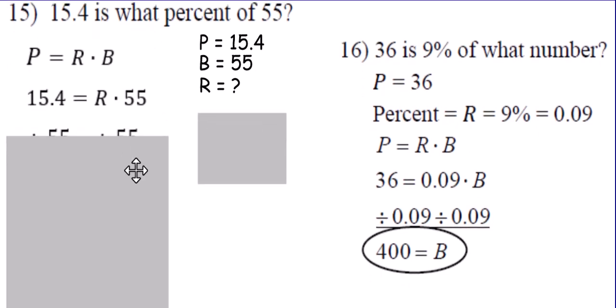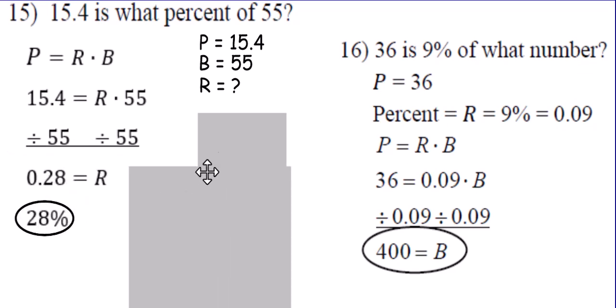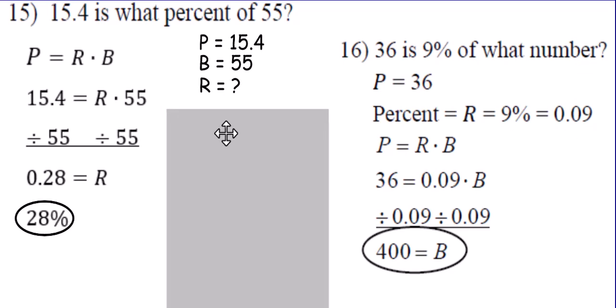Divide both sides by 55. 15.4 divided by 55, make sure you're working top down when you divide. So top number divided by bottom number, it's a good reminder for us. 15.4 divided by 55 is going to get us 0.28, and move that decimal point to the right 2 places to get 28%.